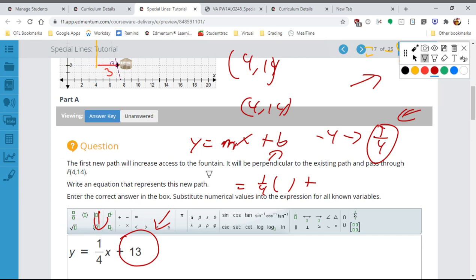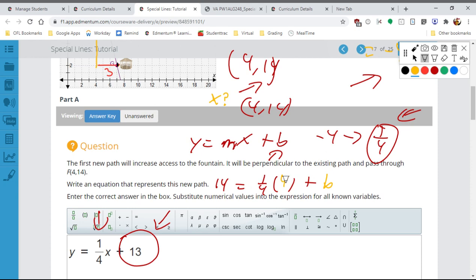Yep. Thank you, Hector. Yeah, I'm plugging in this 14, which following that logic, what am I plugging in for x? So I'm plugging in this 14 for y. What's my x? 4. Yep, exactly. Are you guys going to let Hector do all the work here?